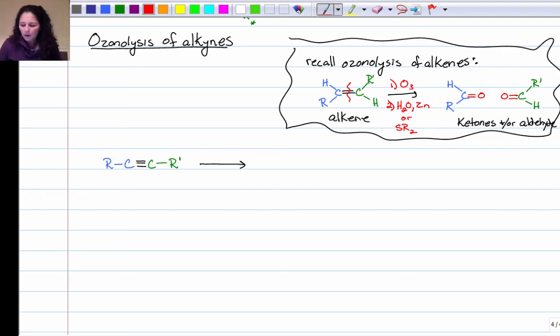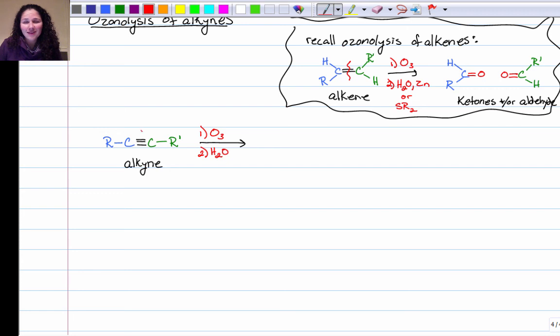When we perform ozonolysis on alkynes, we use similar reagents. First, you add ozone, and in a second step, you simply add water. With ozonolysis of alkynes, we're simply cleaving this carbon-carbon triple bond, and we're going to replace the three carbon-carbon bonds with new bonds between carbon and oxygen.